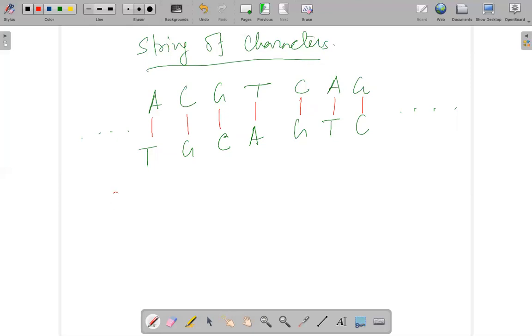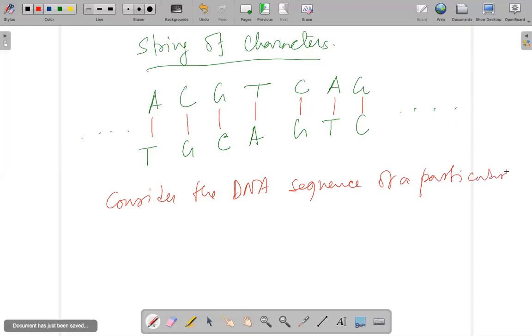So now consider the DNA sequence of a particular species. Now, what happens is that in a biological process, there are a few things that could get modified.